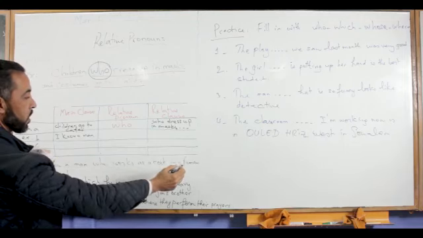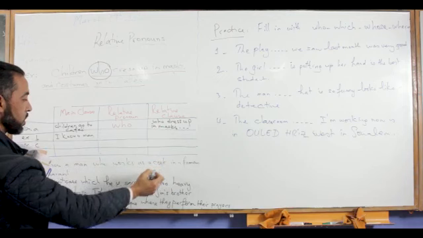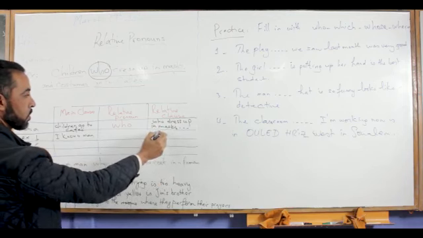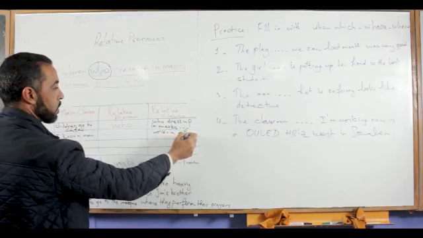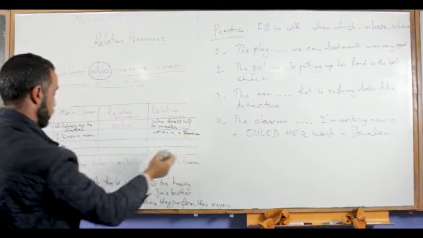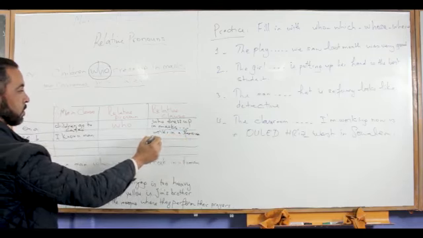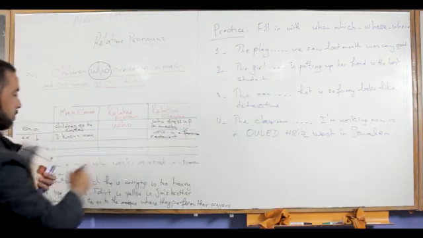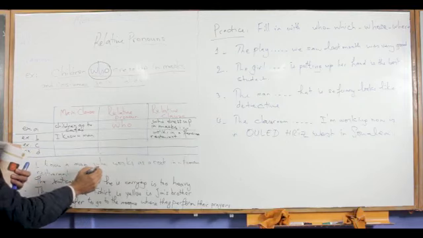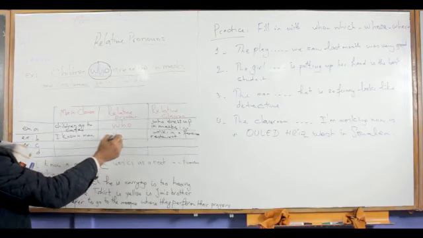Works as a cook in a famous restaurant is the relative clause. And the relative pronoun used here is the word who again.